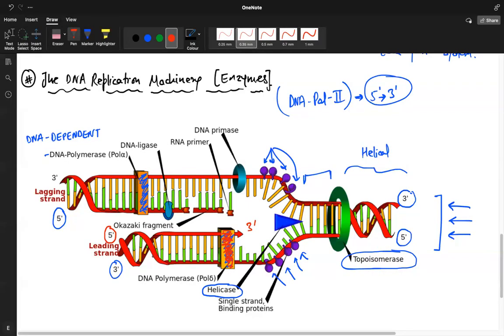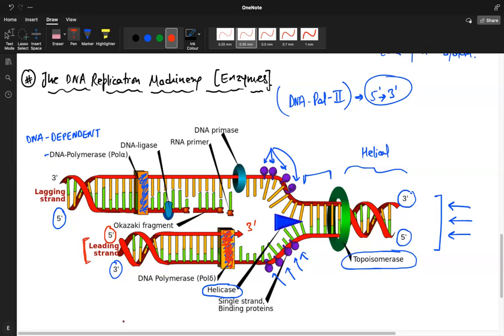So on the strand which is 3' to 5', you can very easily make a continuous long DNA strand, because that is the direction in which DNA polymerase works. So no problem. That's called leading strand because it takes less time to be synthesized.